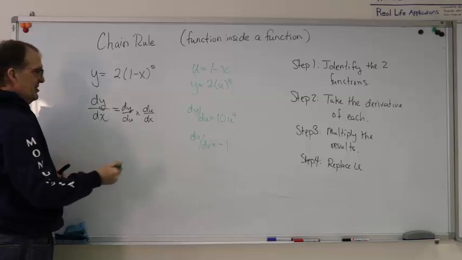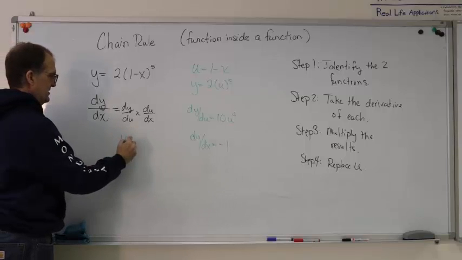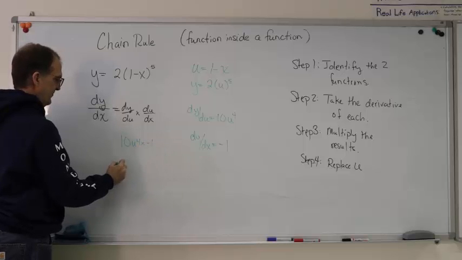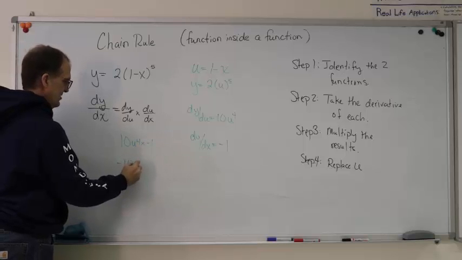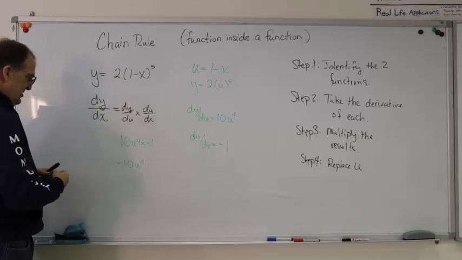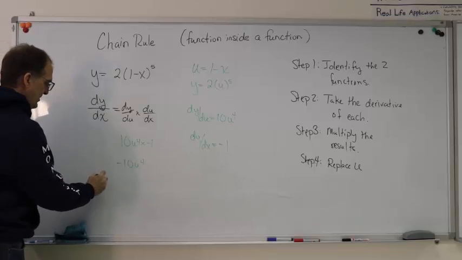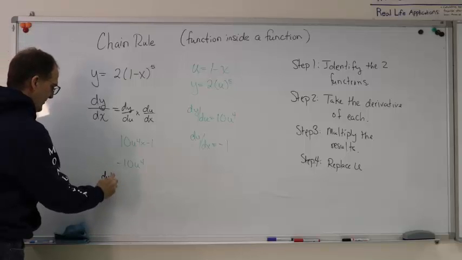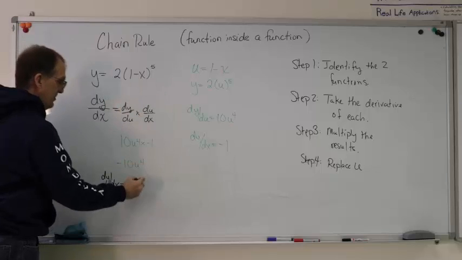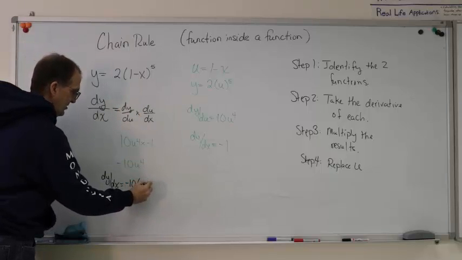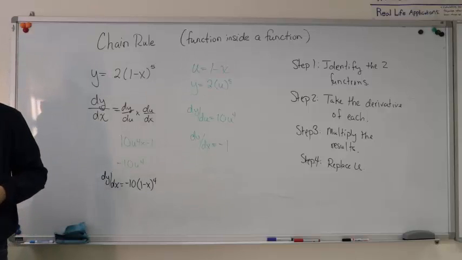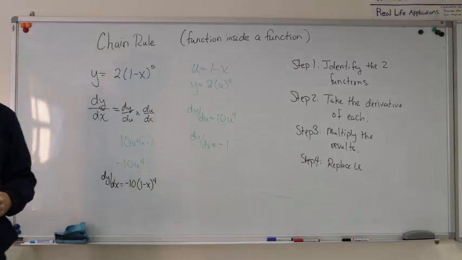So now I'm ready to say that it's 10u to the 4th times -1, -10u to the 4th, and now back to dy dx equals -10, put back in my x, and there's our derivative.